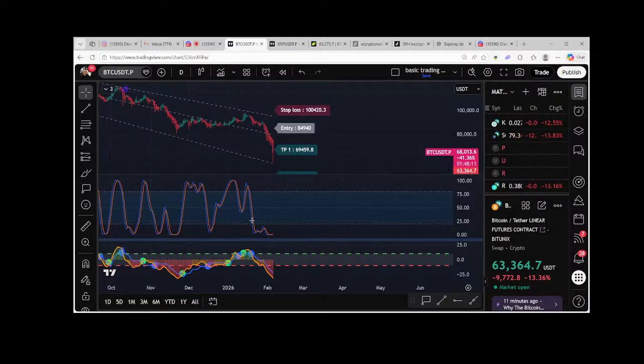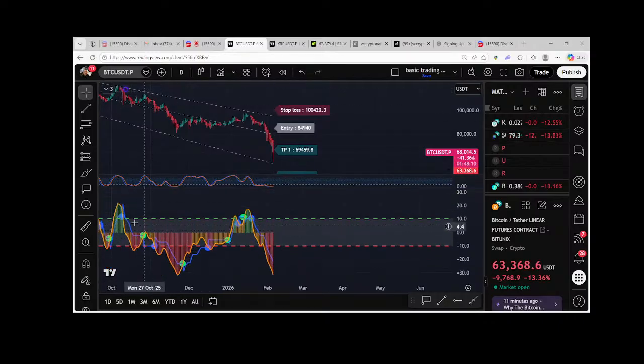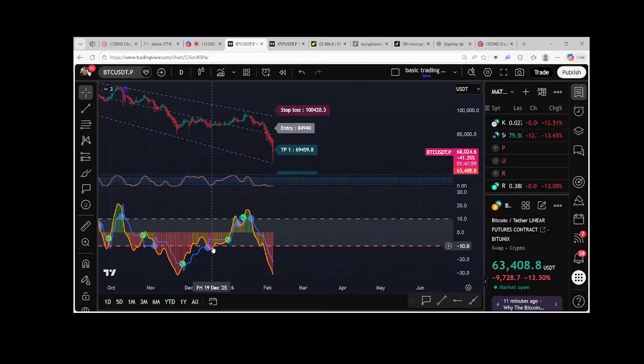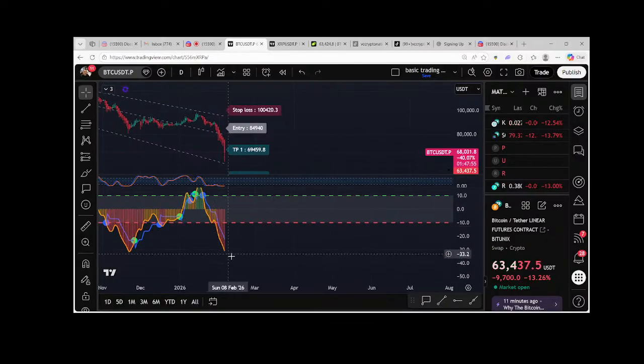So this is an indicator that we use down here. This right here is called the VC Crypto Nation. You can see it's a moon indicator, the VC Making Trading Easy Moon Tracker, and all it's really going to do is track the money and the volume. You can see these orange lines here. The orange line is the capital, and the blue line is basically the reversal of capital.